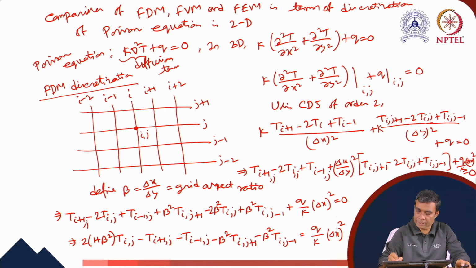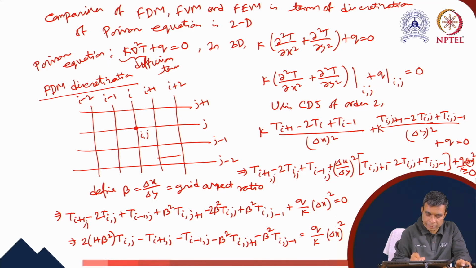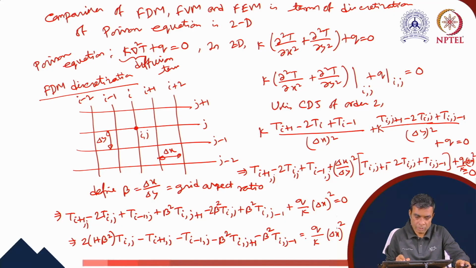So this k is missing here, and this is mesh size or grid size delta x, and this is delta y.